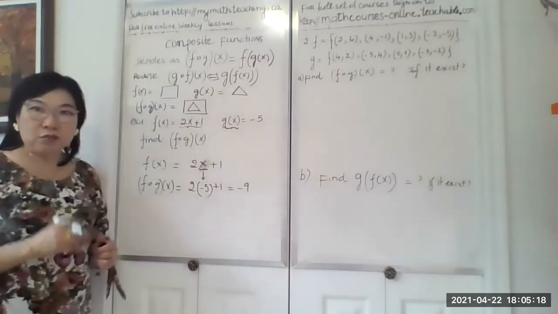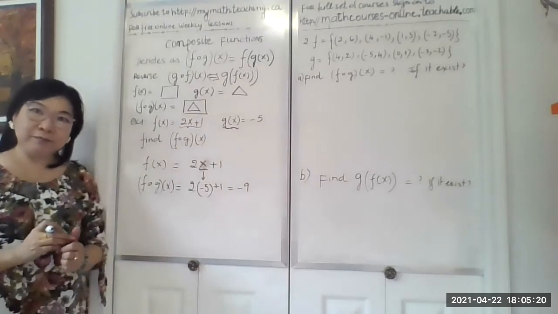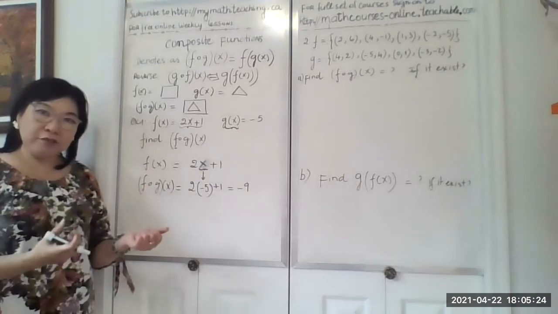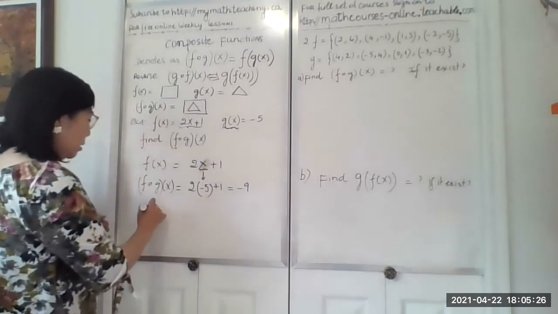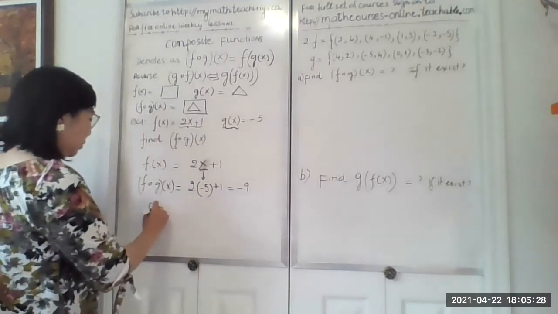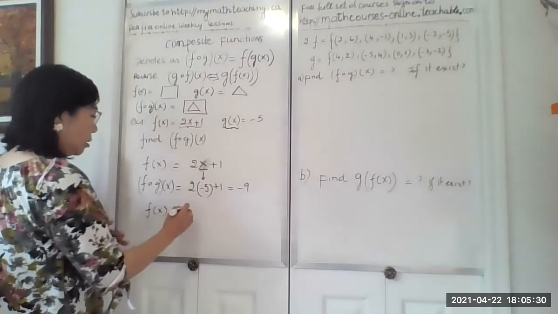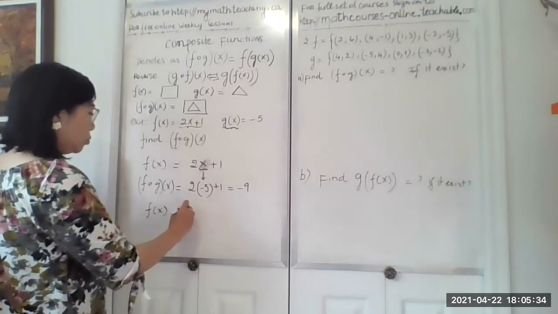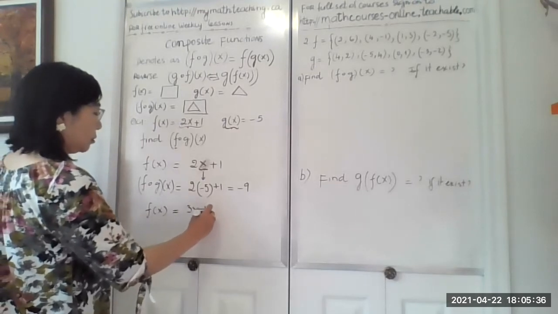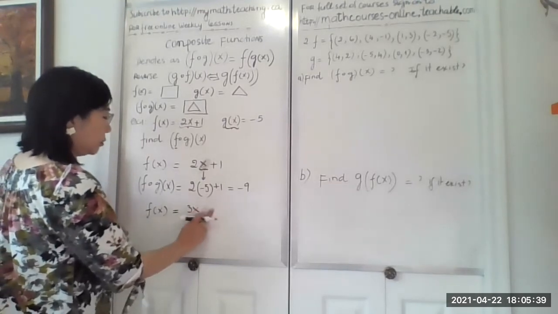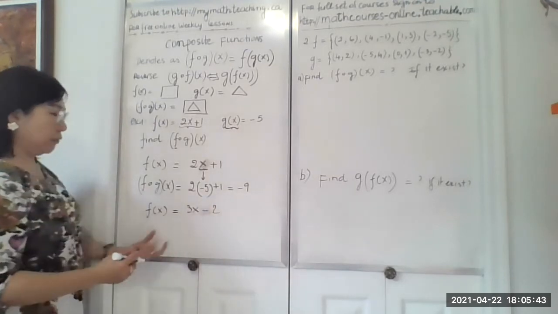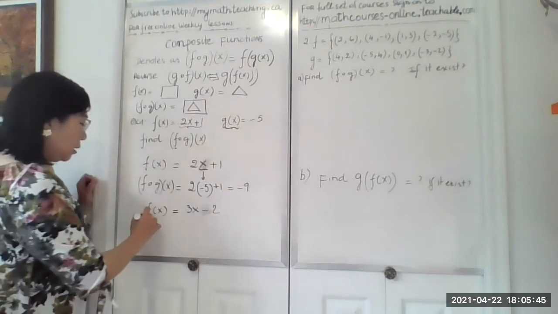I also want to explain a little bit further for you to understand in terms of domain and range. Let's say I have an f of x function equal to 3x minus 2. Let's say I have a function like that, right?